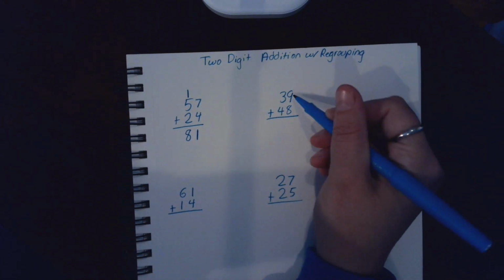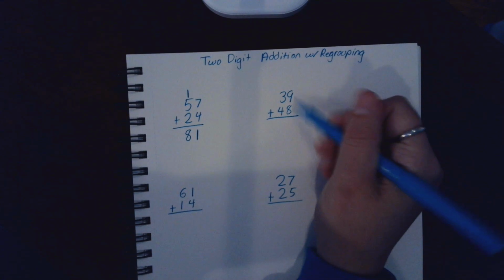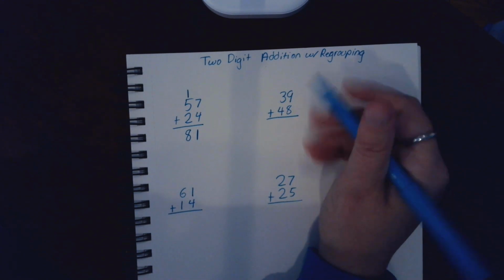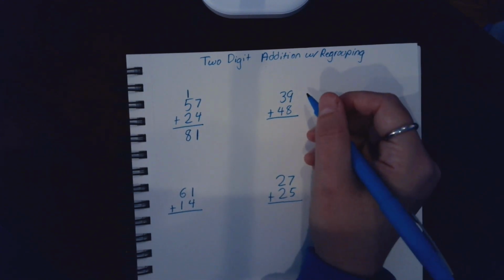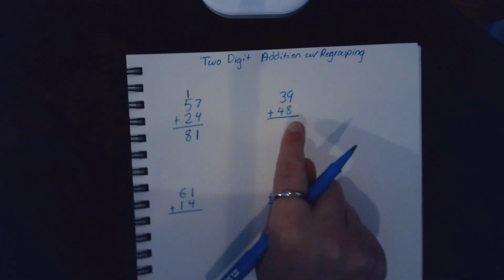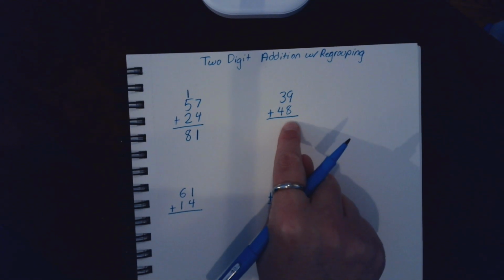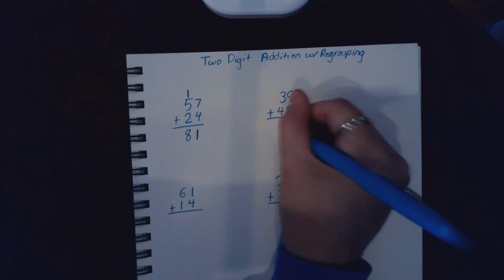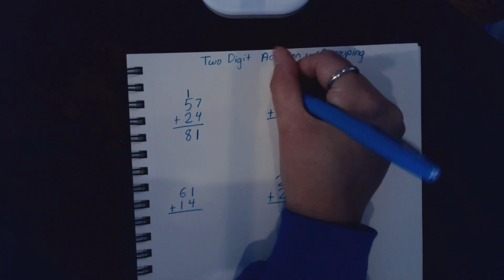Looking at the ones place here, I have 9 ones, 9 and 8 in my ones place. So 9 plus 8 gives me 17. So 17 is made up of 1 10 and 7 ones. I cannot put 17 in my ones place, but I will leave the 7 in my ones place and bring the 10 up.